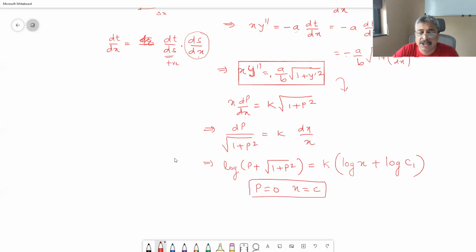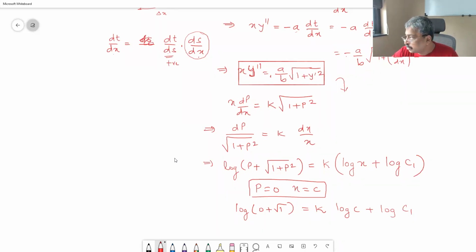This is the initial condition that we have, and therefore we get log 0 plus radical 1, that is log 1, is equal to k times log c plus log c1.